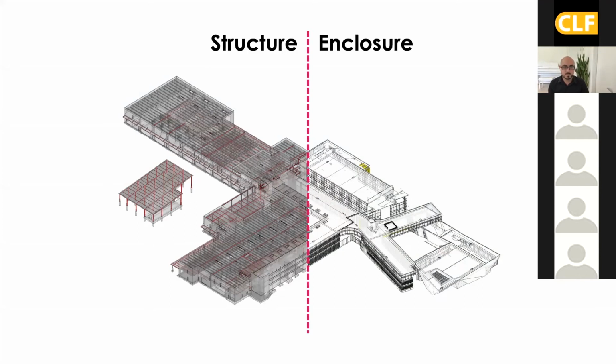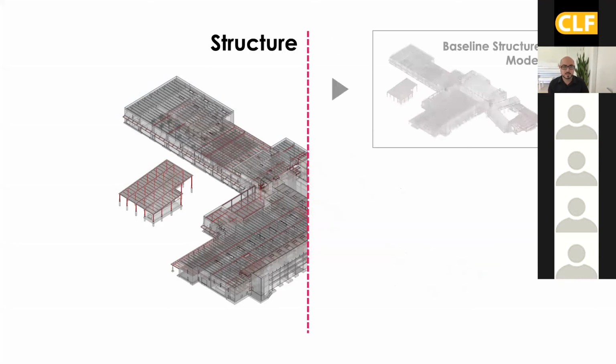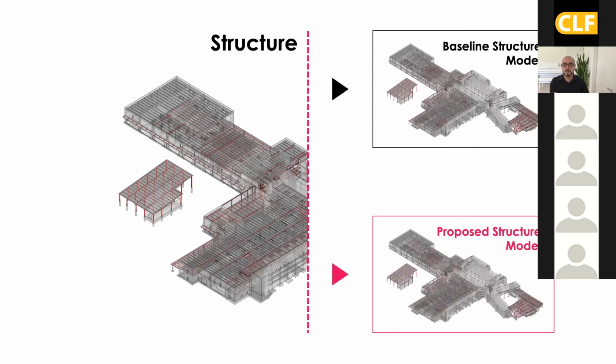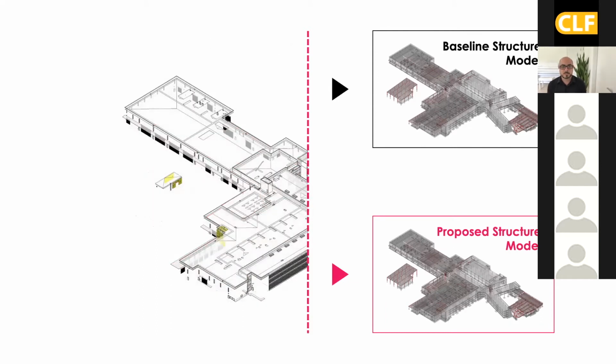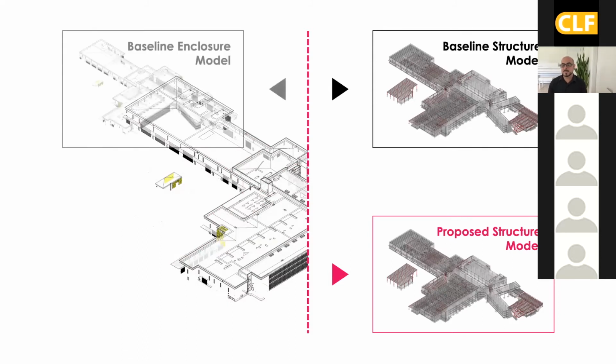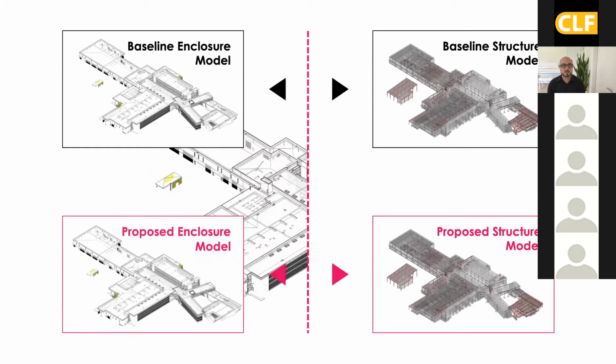Within the structural model, typically the most accurate model is what you would get from your structural engineer. So I really highly recommend using that model. You create a baseline model and you create a proposed model, basically just duplicating the two. And the same would apply to your enclosure model. You would create a baseline model and a proposed model.